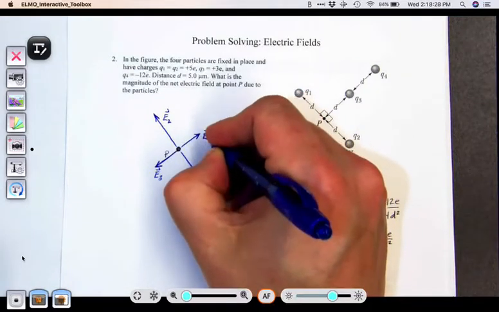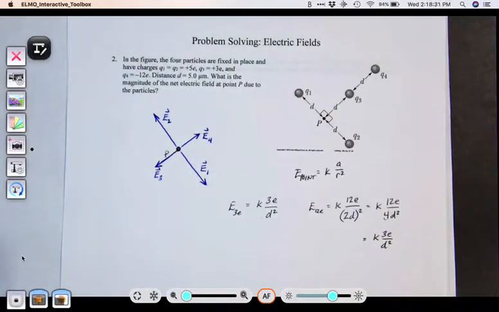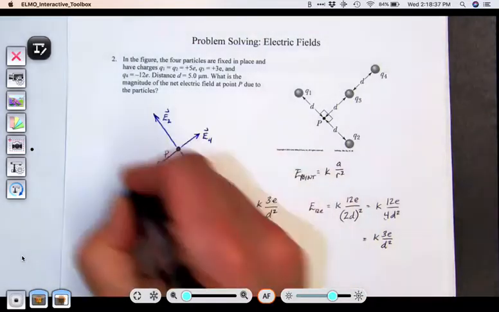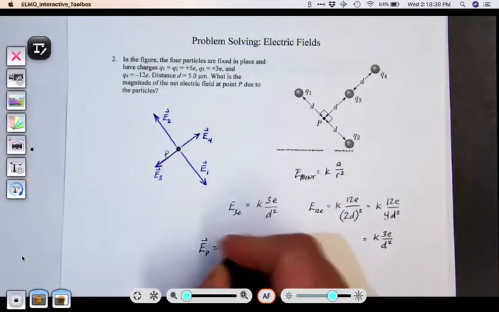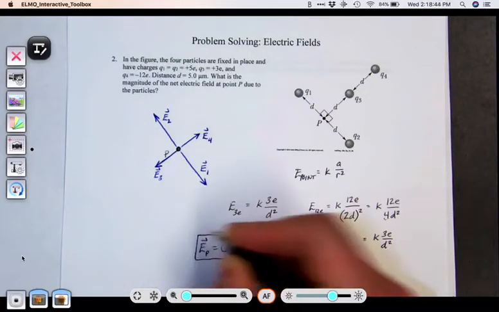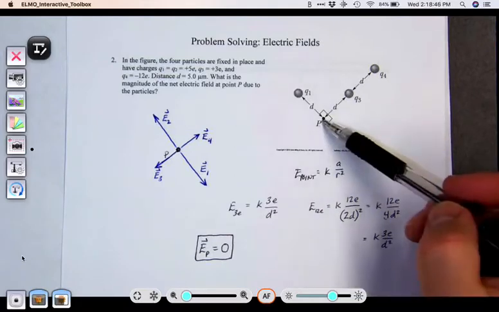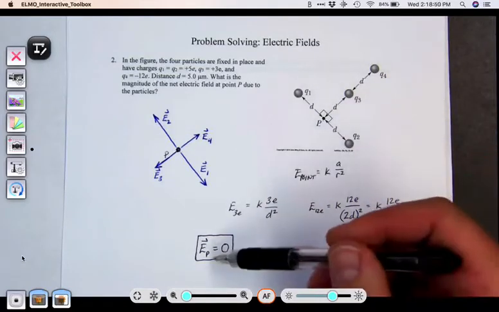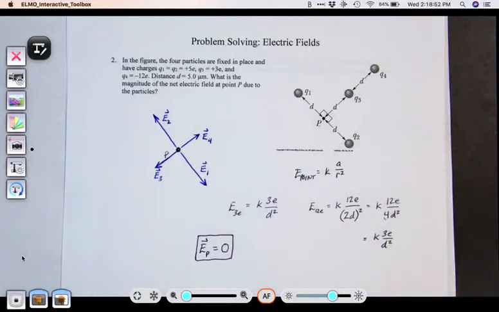And welcome to one of the easier problems to answer, because the net electric field at point P, if you add all of those vectors together, is 0. Now, that's indeed a very special case. If I shifted even slightly in the direction of one of these charges, that would no longer be 0, and I'd have to work out all the individual vectors and sum them.